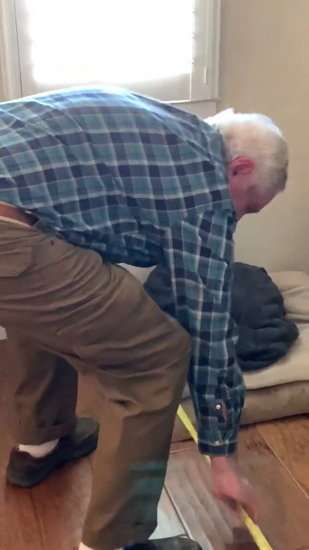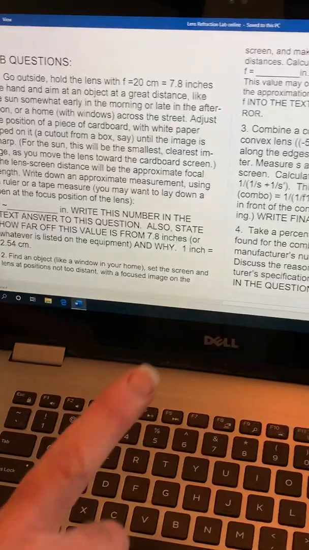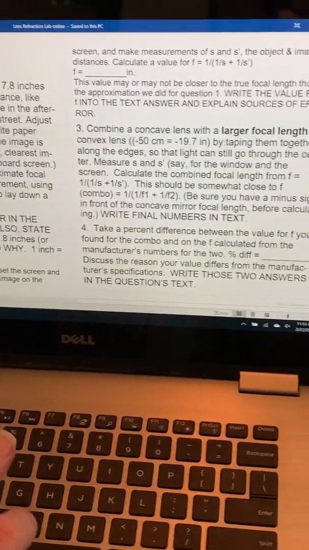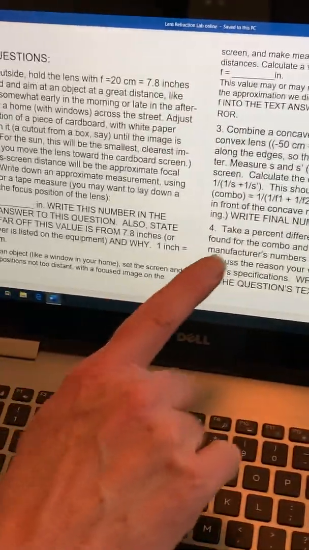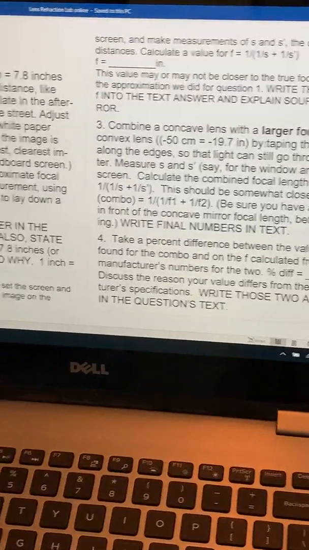89 inches. Okay? So now, what we're going to do, if you want to come around here, is utilize the formula in the lab. So the object distance is S and the image distance is S prime.